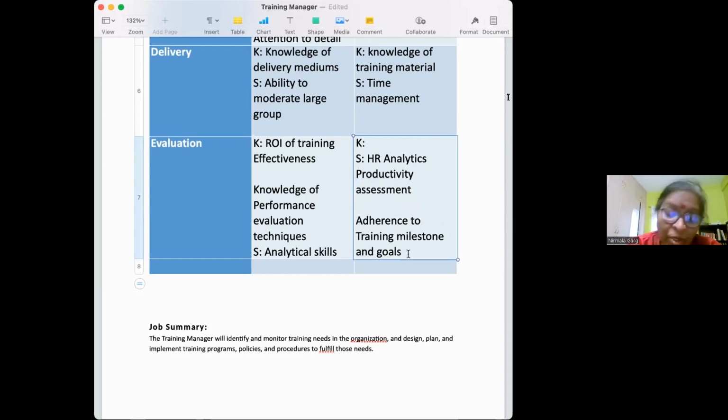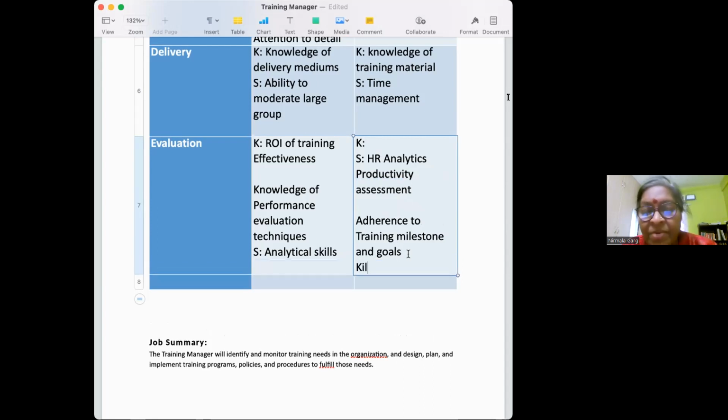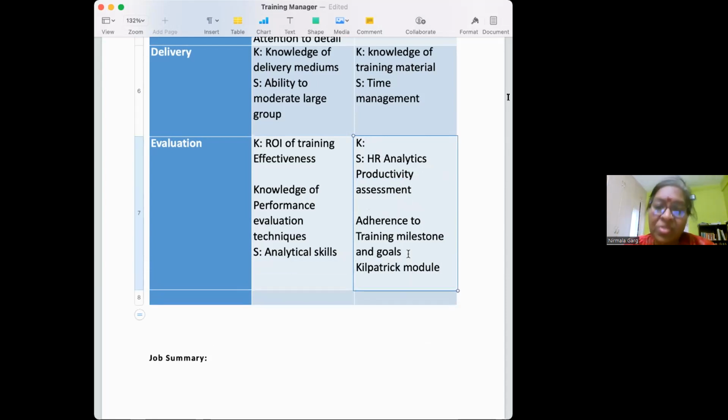There is a framework called the Kirkpatrick framework, which is used for evaluation. The differentiator will use knowledge of the Kirkpatrick model. You can go through the internet, or I can also send it to you. There are 5 levels of evaluation.